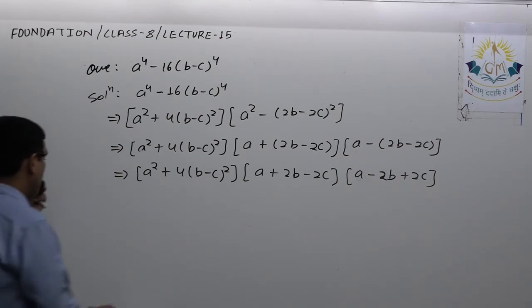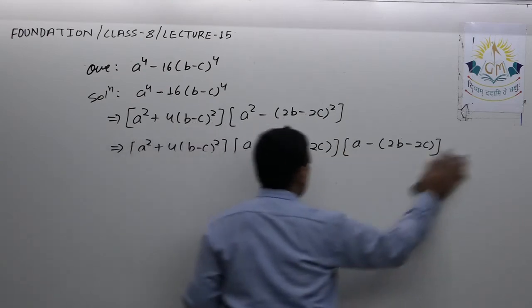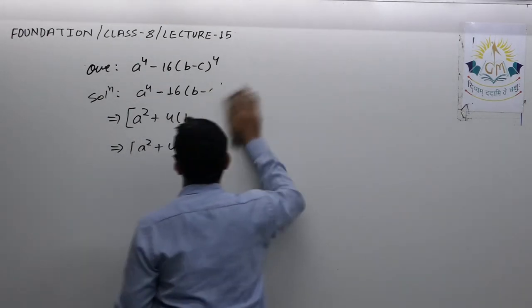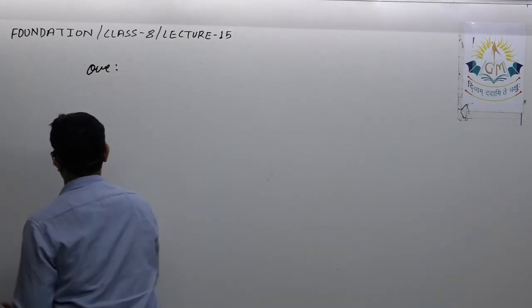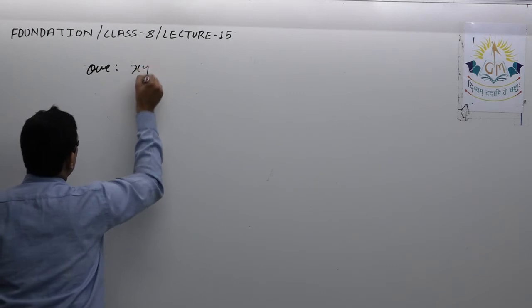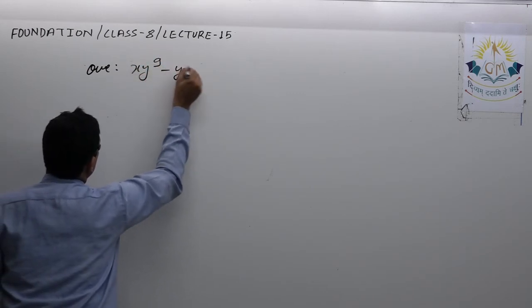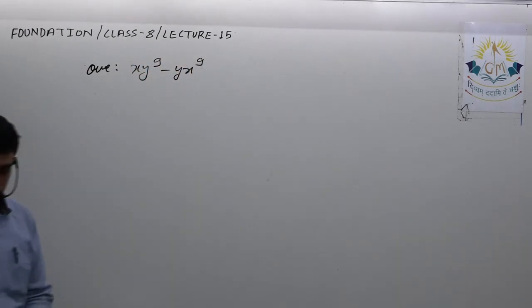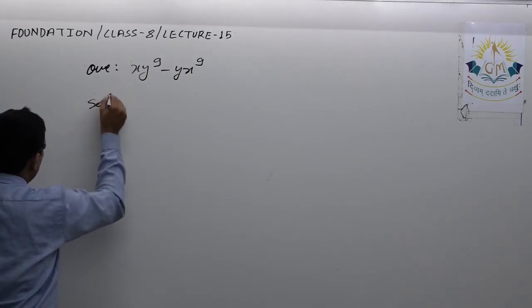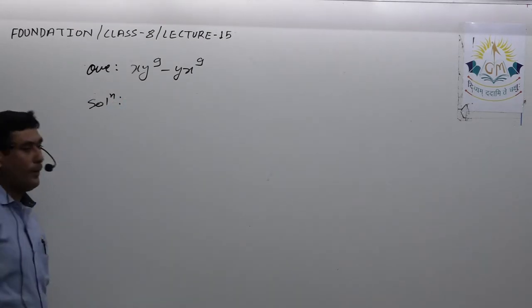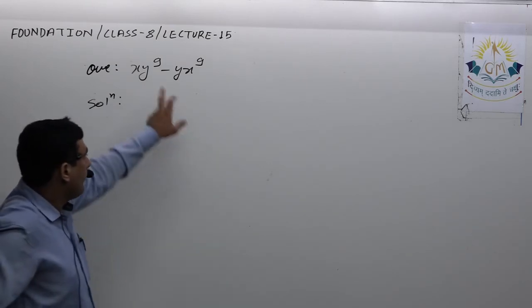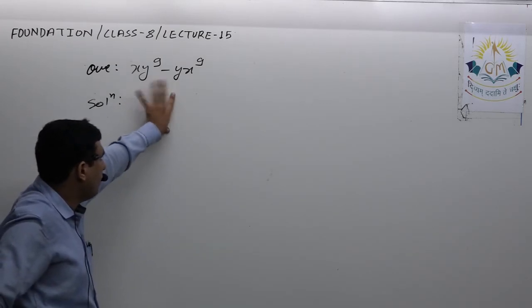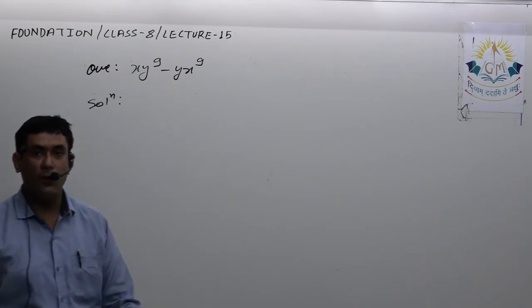Okay, now let us see the next question. xy raised to 9 minus yx raised to 9. Okay, so again, it is not possible to apply the identity of a square minus b square, because even though the minus sign is there, neither this nor that term is in the form of a complete square.